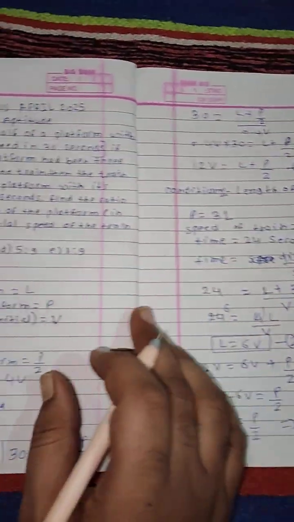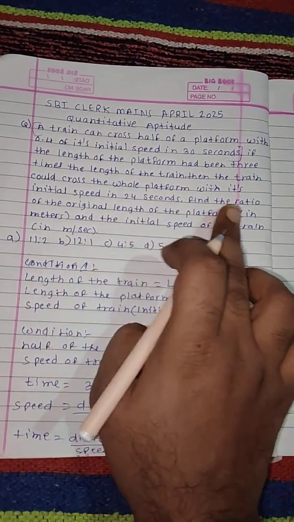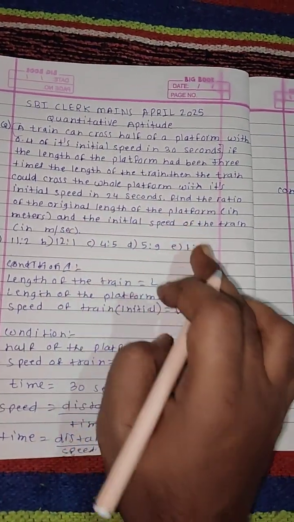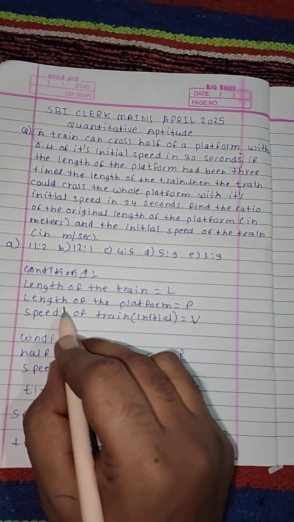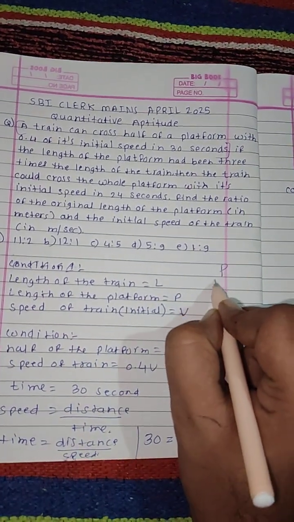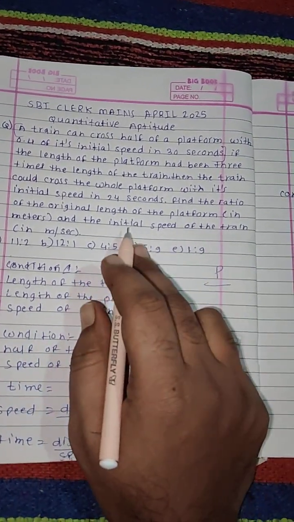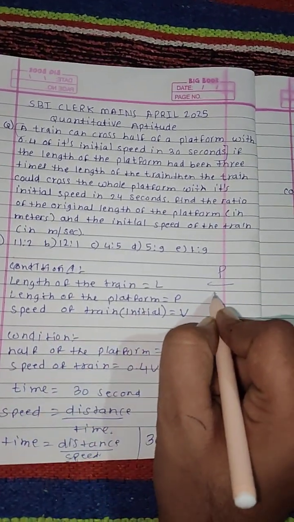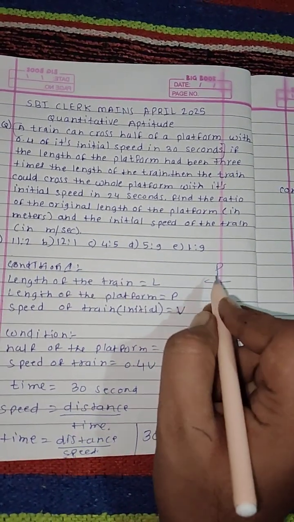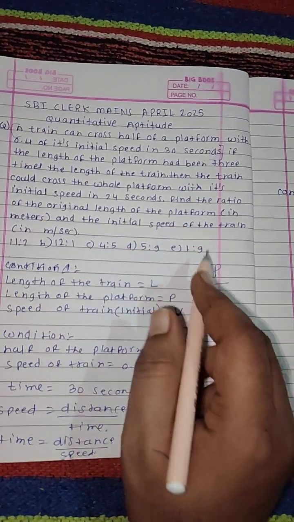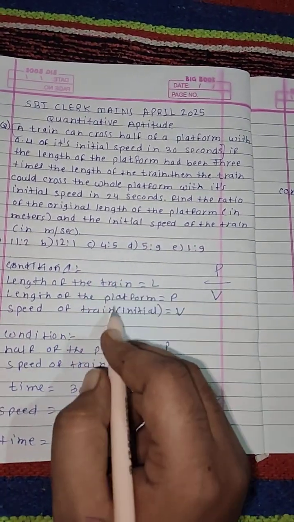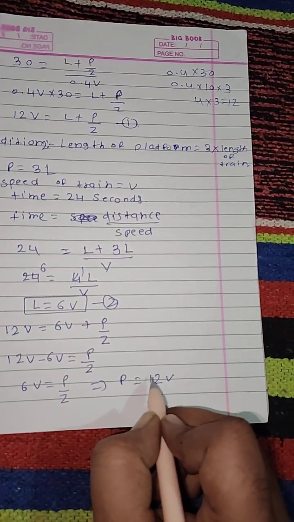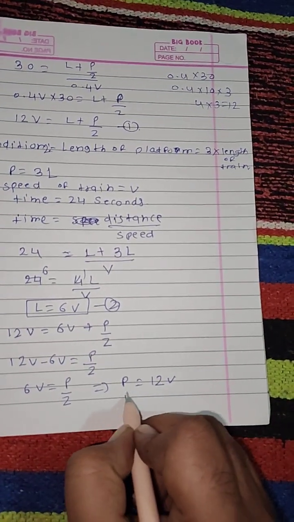So what have they asked us in the question? Find the ratio of the original length of the platform and the initial speed. Means we need to find the original length of the platform, P, and the initial speed of the train, v. So we need to find the value of P by v. Here P is multiplied, so it will come in divide.